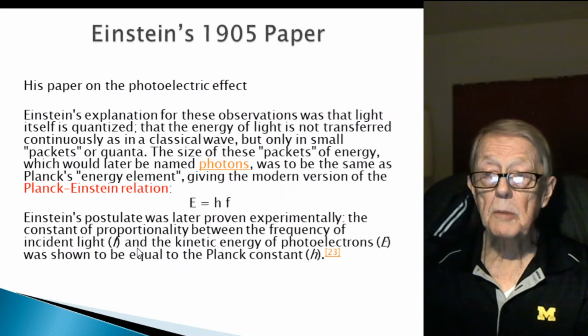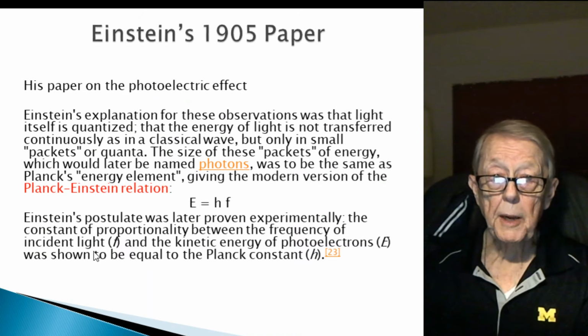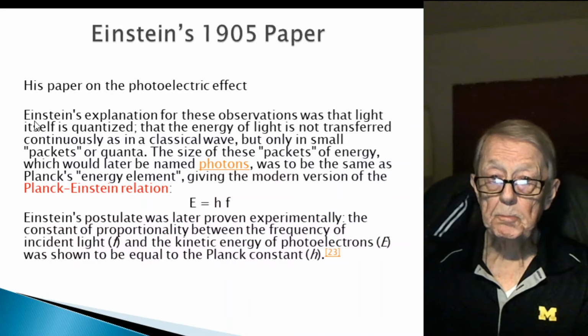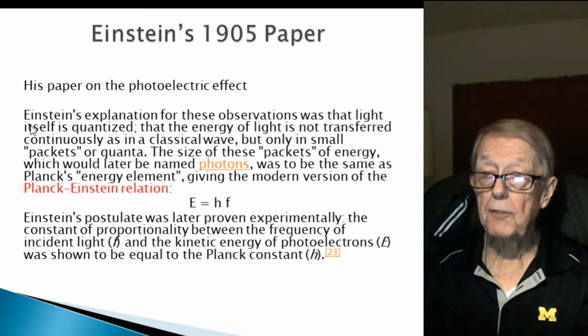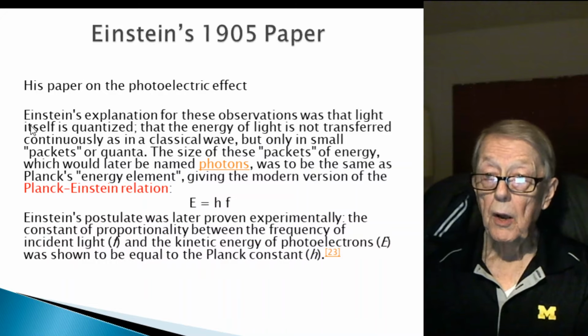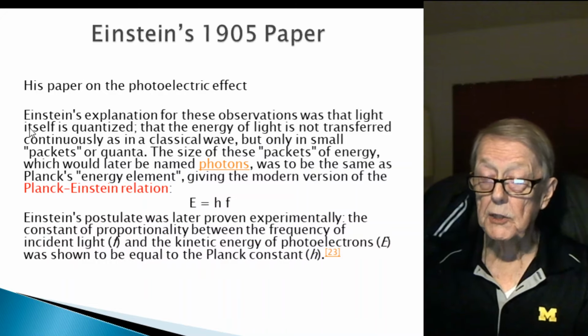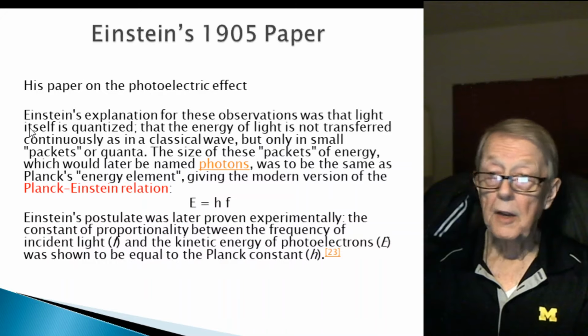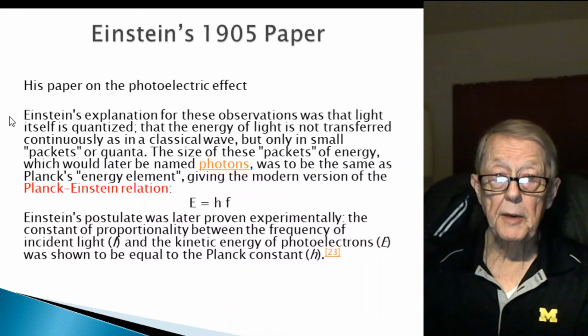Well, Einstein comes along in 1905 in his paper, and he explains what's going on. Back then, people didn't believe that in the photoelectric effect a wave of light would actually cause an electron to be emitted.